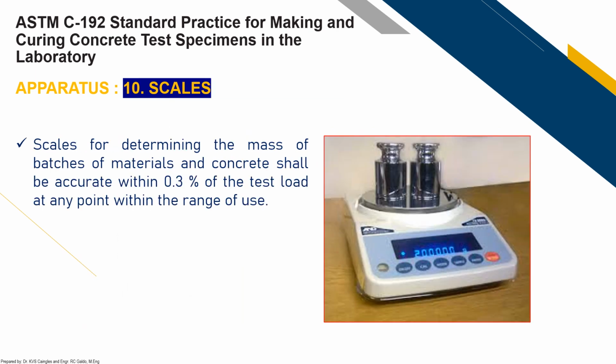Next apparatus is the scales, or timbangan niya siya. Scales are used for determination of mass of batches of material and concrete, and it should be accurate within 0.3% of test load. Okay, na siya accuracy ng 0.3%.